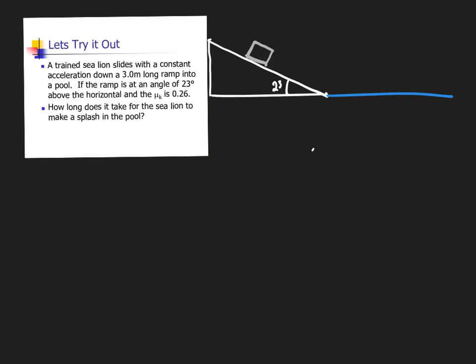Right? Things we know, always important. We know that there's going to be frictional force that way. We know that there's going to be a weight straight down. Weight is always straight down.